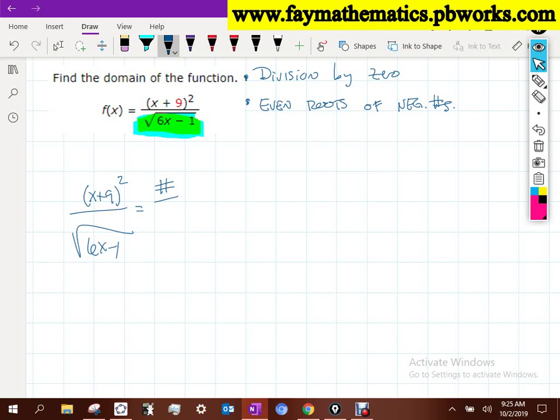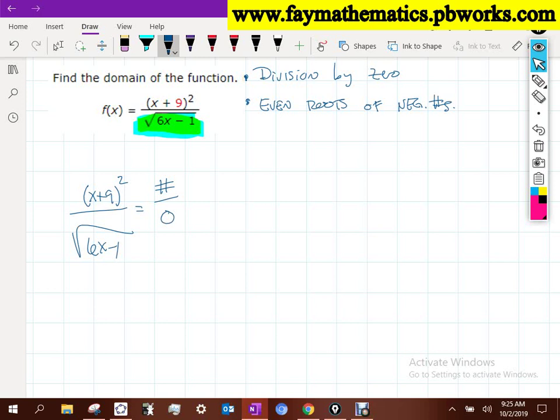Down here, though, if I try 10, I get the square root of 59. Well, that's a real number, so a real number divided by a real number will give me an output. But if I try 1/6, what do I get back? I get 0. Now that's a real number, but am I allowed to do division by 0?